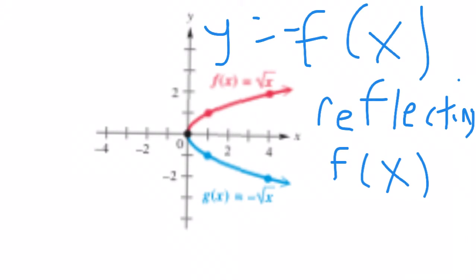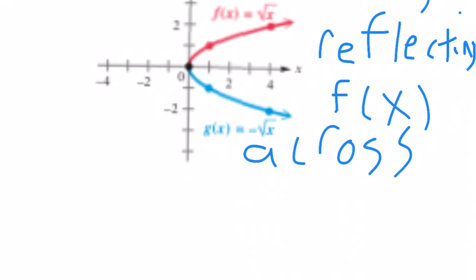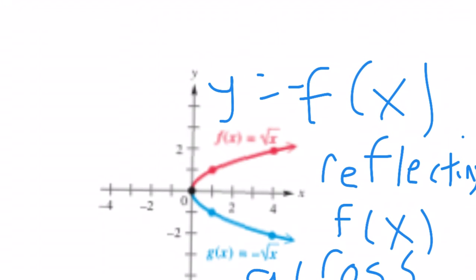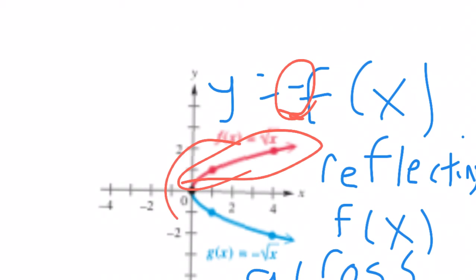The negative sign in front just means you're reflecting f of x across the x-axis. That's all this negative sign in front does. It just takes the parent function and flips it to the other side of the x-axis.